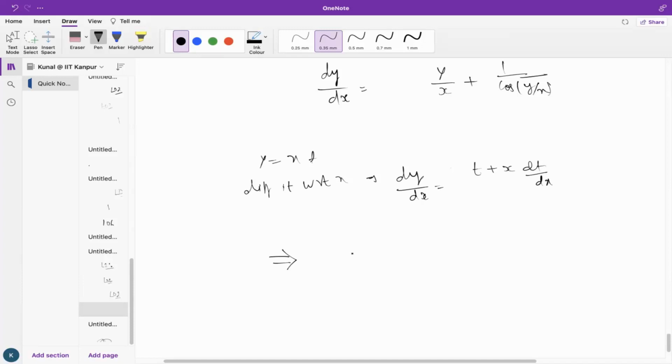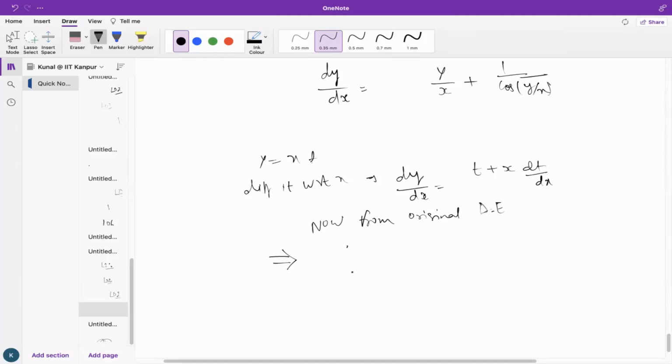So हमें मिल गया ना value. So we get the value now from the original differential equation. We have to just substitute the value of dy by dx as t plus x dt by dx.